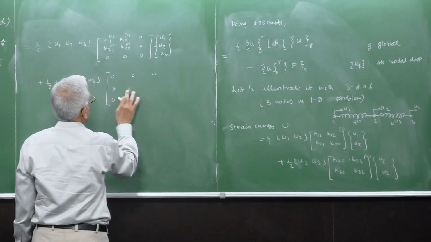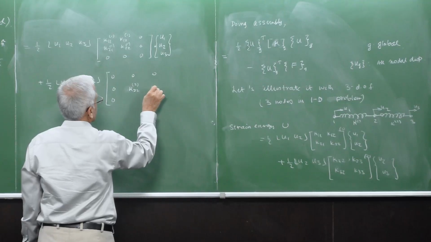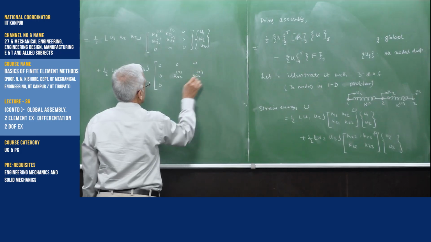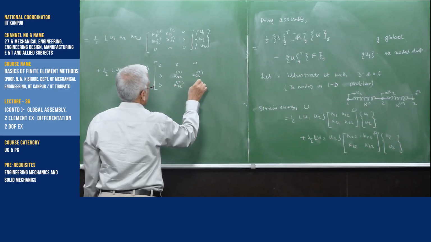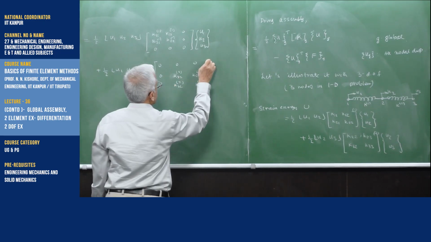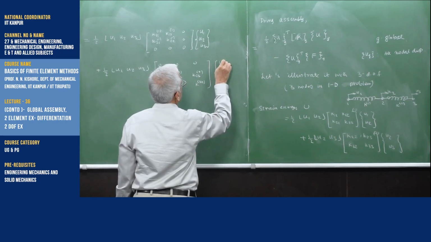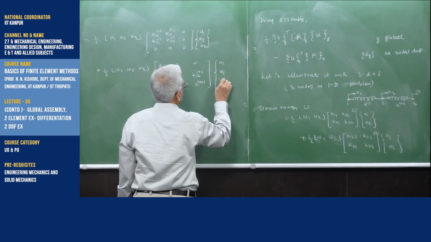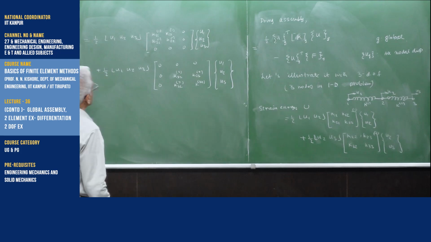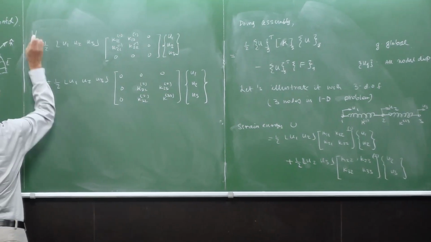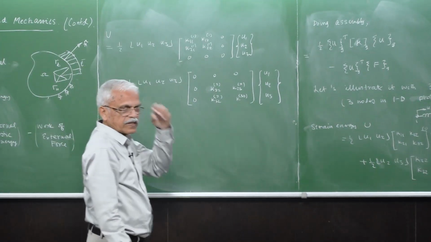Here you have A22, A23, A32. Okay, so this is the strain energy of all the elements put together.